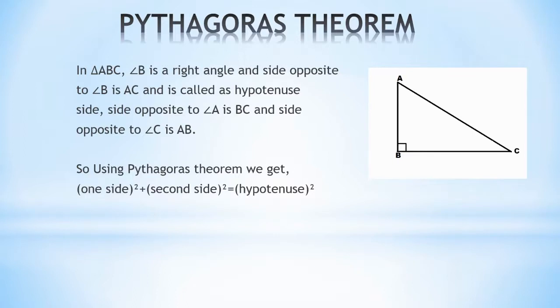As you know, in a triangle there are three sides. So one side is AB square, second side is BC square, and the hypotenuse side will be AC square. The hypotenuse side is always the side opposite to the right angle. This was about Pythagoras theorem.